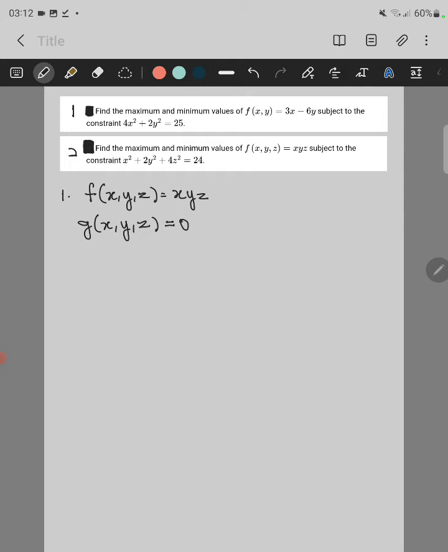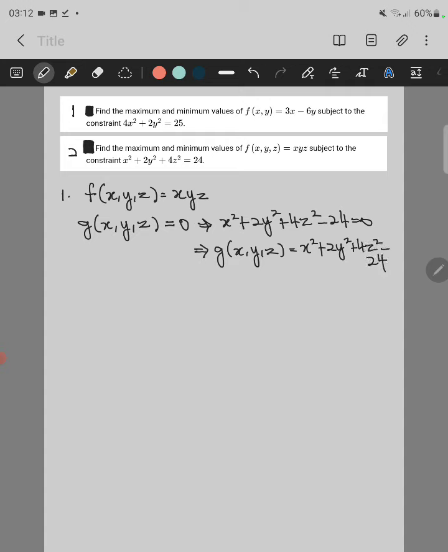So it follows that x squared plus 2y squared plus 4z squared minus 24 is equal to 0, so g(x, y, z) equals x squared plus 2y squared plus 4z squared minus 24.